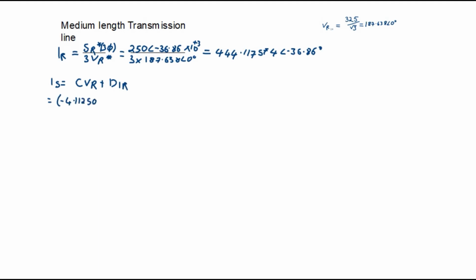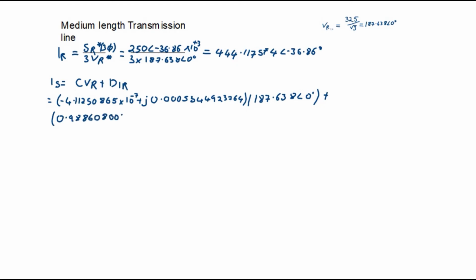This is minus 4.11250.865 10 to the power minus 7 plus J.005344923764 times 187.638 at a phase angle of 0 degrees plus 0.98860.80072 plus J1.53105516 10 to the power minus 3 times 0.444117574 at a phase angle of minus 36.86 degrees.